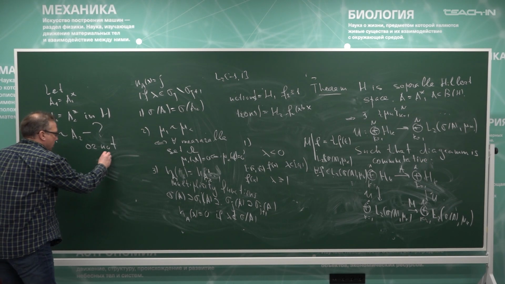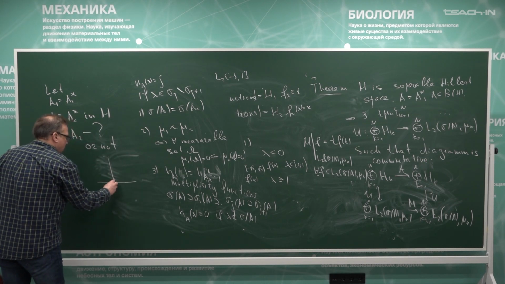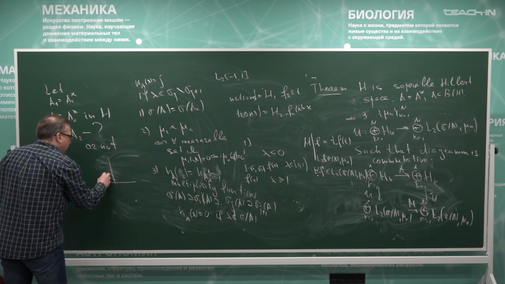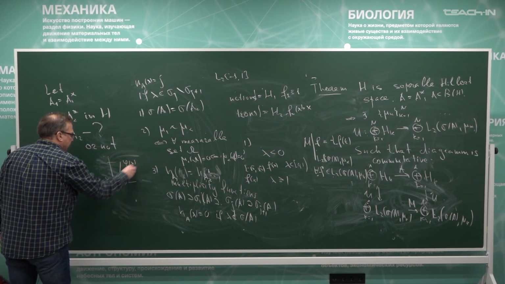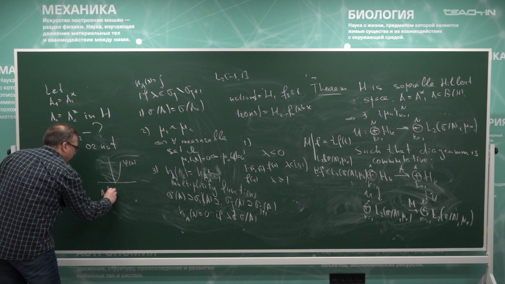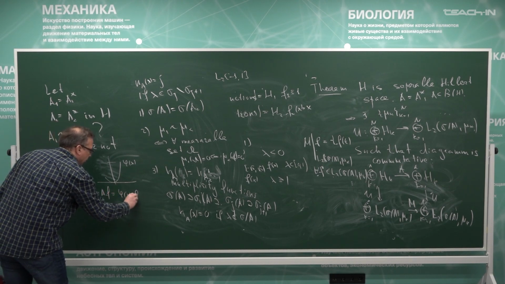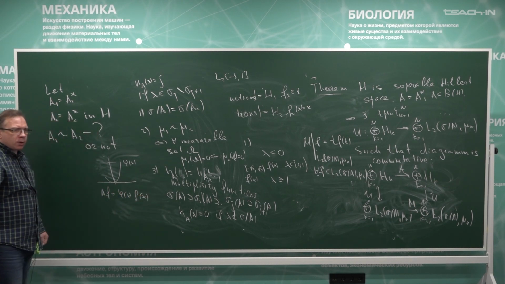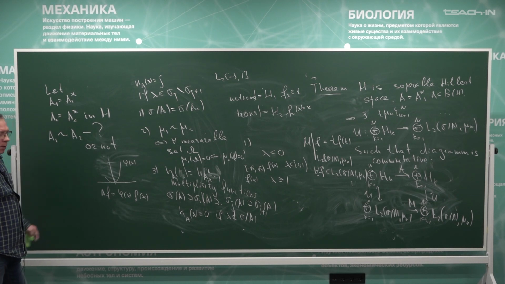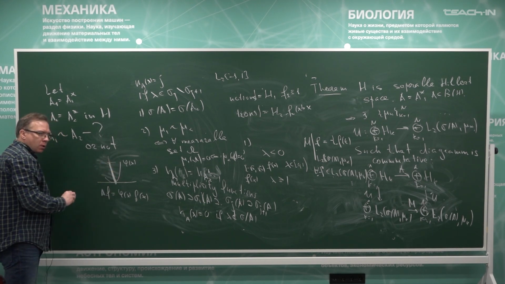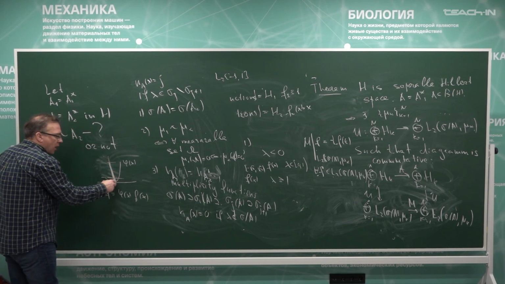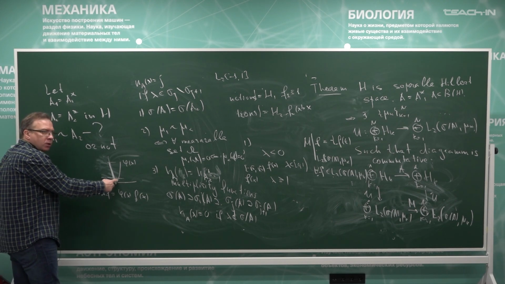For example, as a picture, let's consider the operator of multiplication by such a function phi. What is the spectrum? Here, all of it. But this part is covered twice, so it has multiplicity 2.